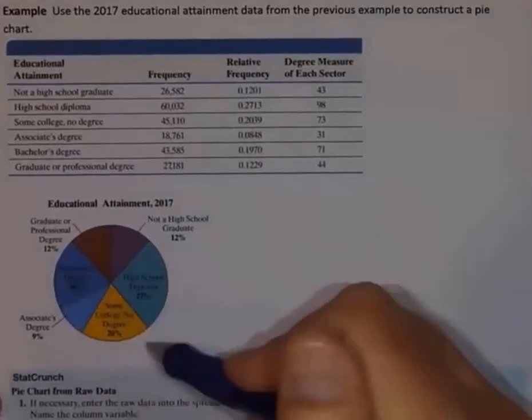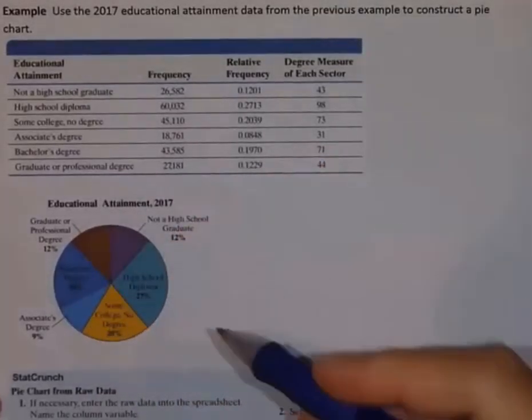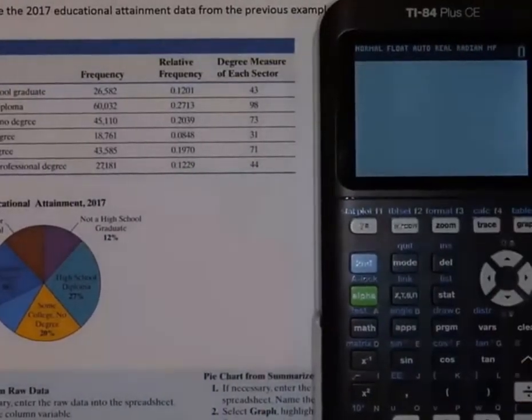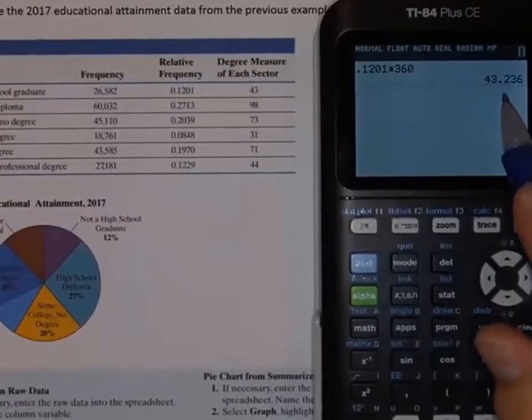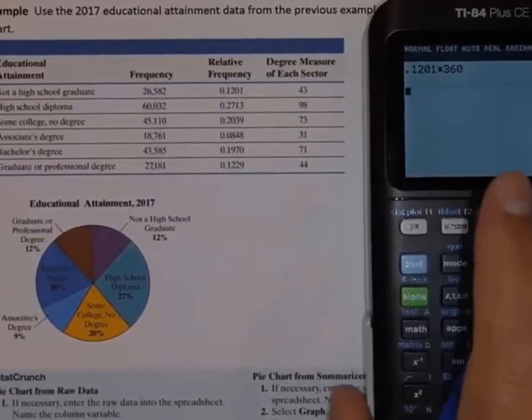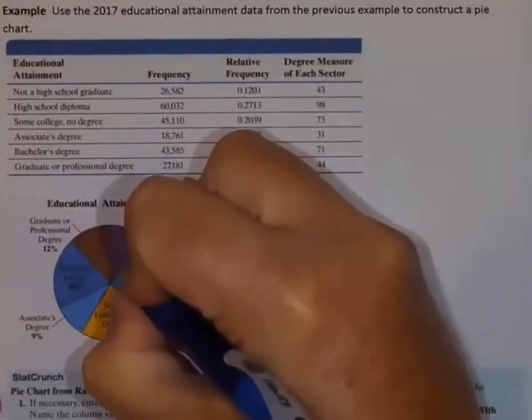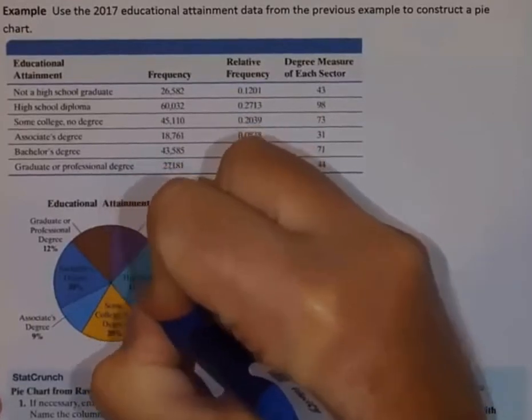Now, a full circle, a full revolution is 360 degrees. So if I take 0.1201 times 360, that is about 43 degrees. So this angle right here is about a 43-degree angle.